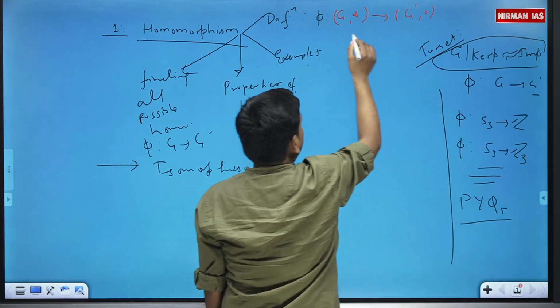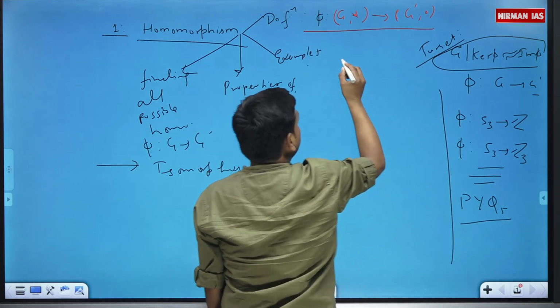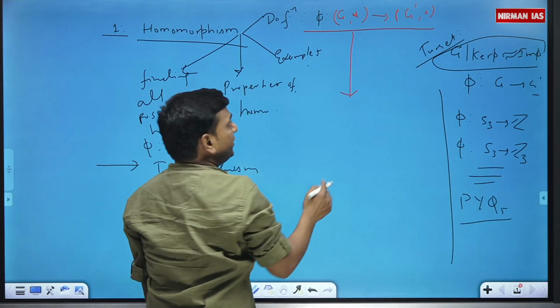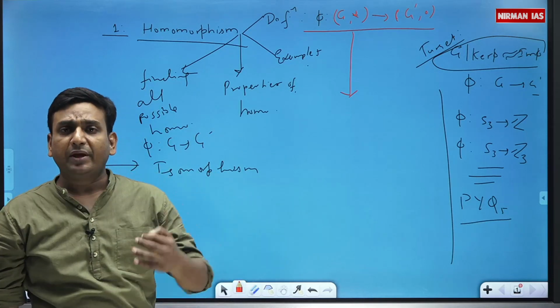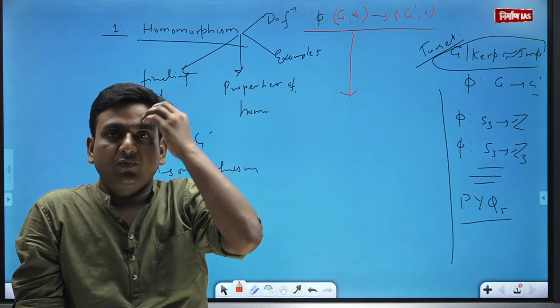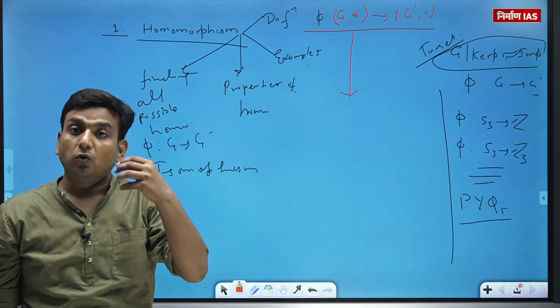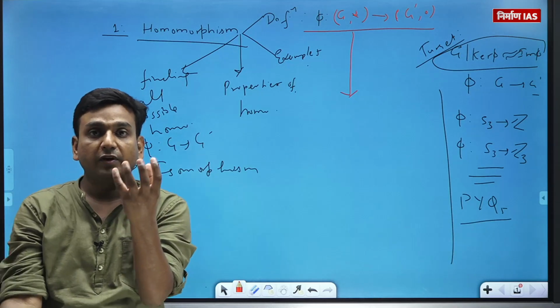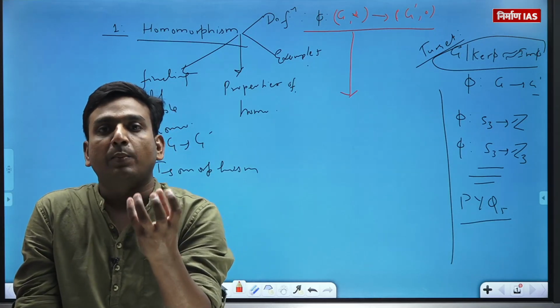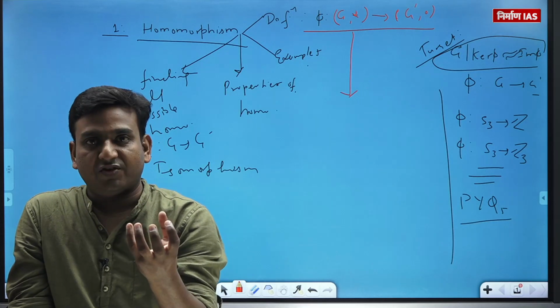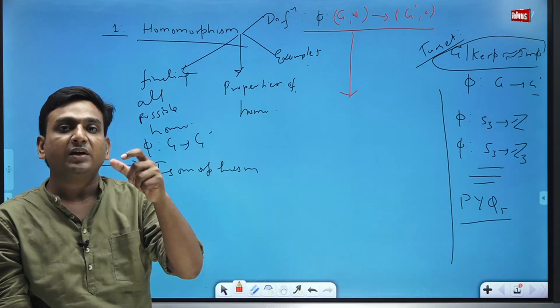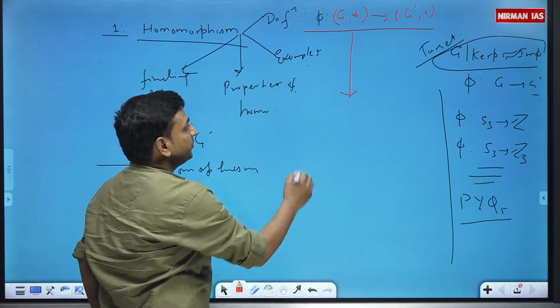We say this mapping phi from a group G to G dash is a homomorphism if it preserves the composition or the operation. What does it mean by the composition preserving?